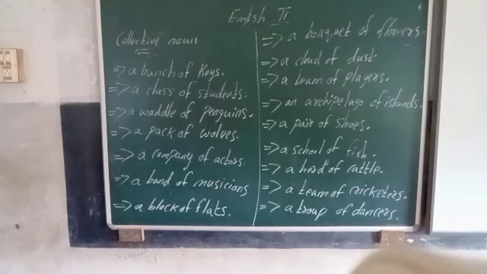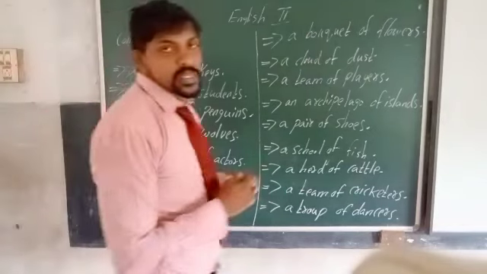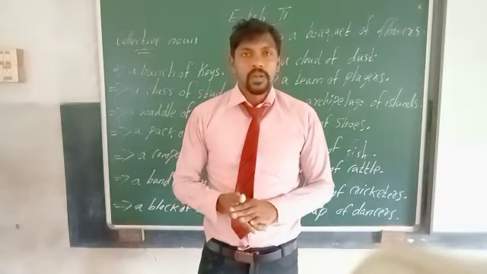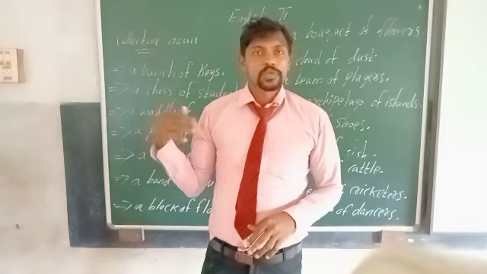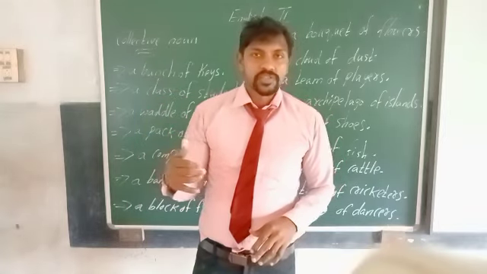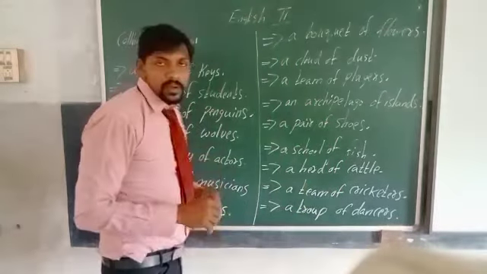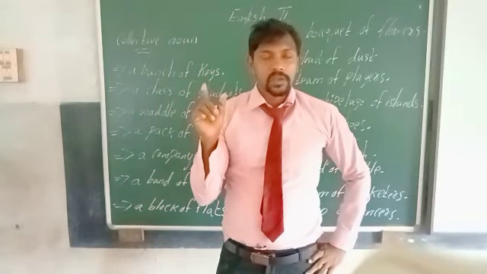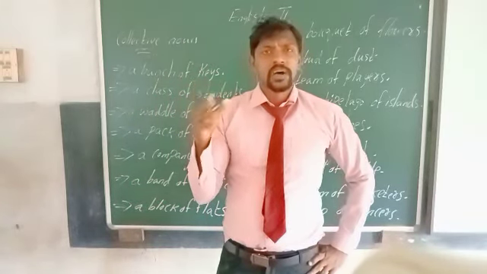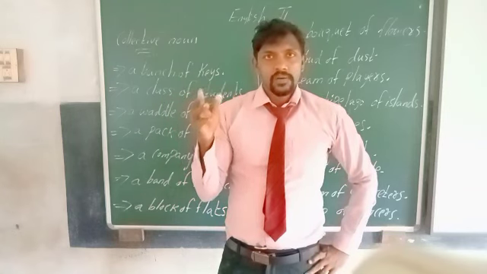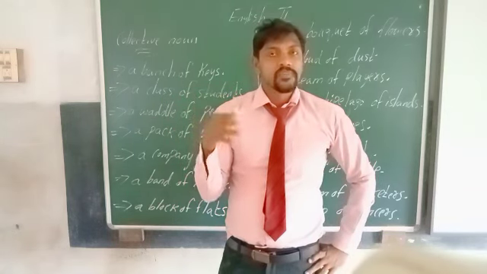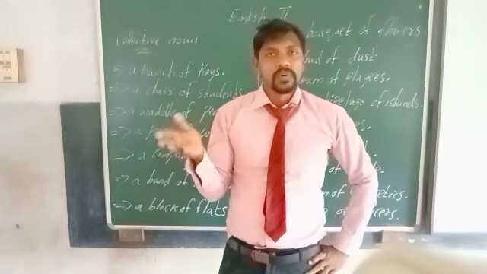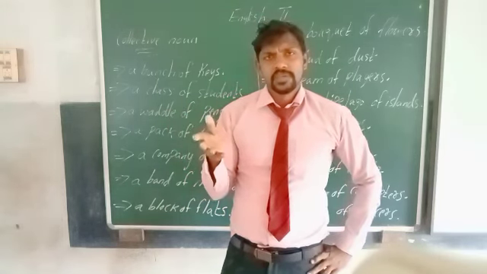Next, some more examples of collective nouns so you can understand thoroughly. A collective noun is a group: more than 3 or 4 persons or plates, human beings, animals, birds, cups, chocolates.